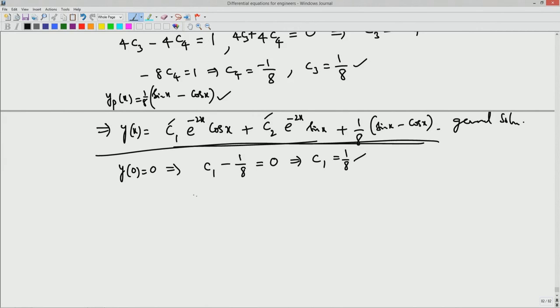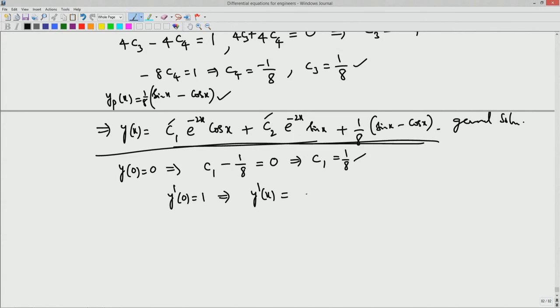And y dash of 0 is 1, this will fix the other constant. You have to find y dash of x.